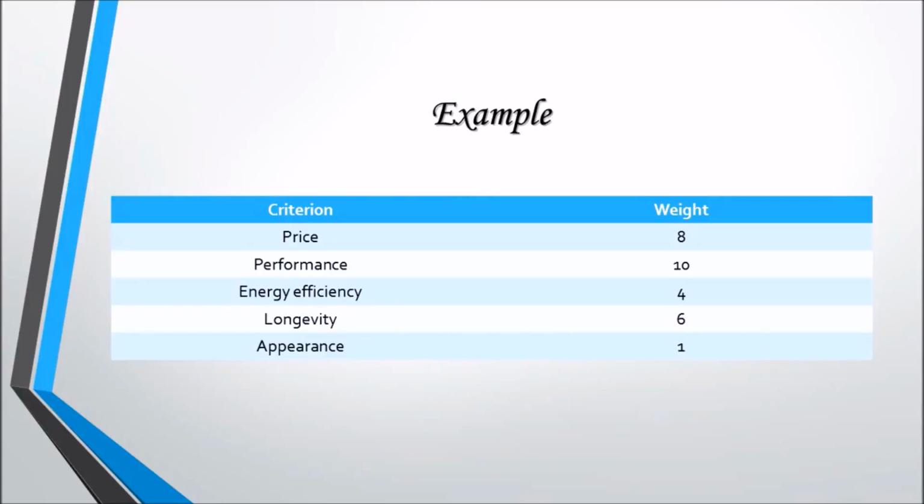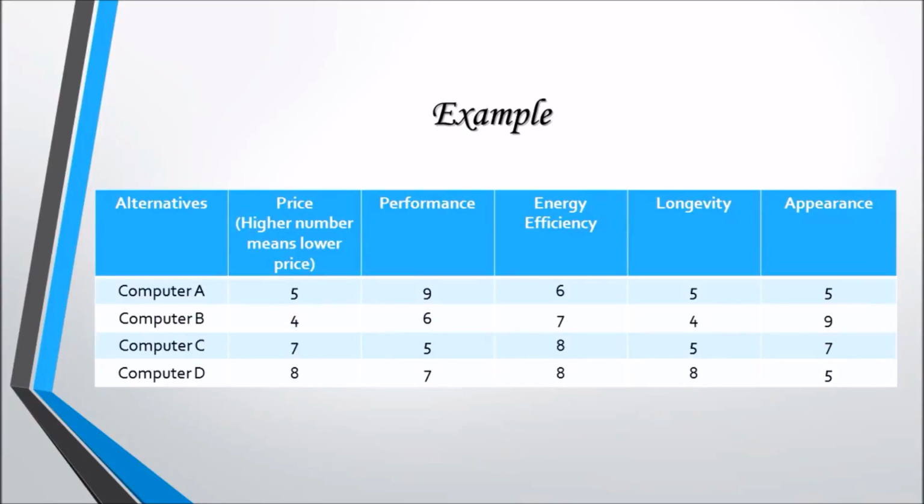Energy efficiency we rate at 4. Longevity we rate at 6 because a long-lasting machine will be cheaper in the long run. And then appearance we weight at 1 because the appearance of the machine is not important to us and it doesn't affect its functions. Here are 4 different alternatives. Computer A, its price is 5, then computer B with the price of 4, computer C with the price of 7, and D with the price of 8.